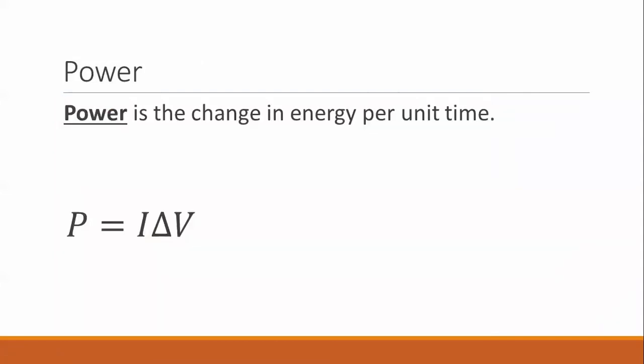Power is the change in energy per unit time. The definition we use for power on the AP Physics 2 equation sheet is P equals I delta V. So the power of a battery is the rate of the energy transfer, which is the change in energy over the change in time.